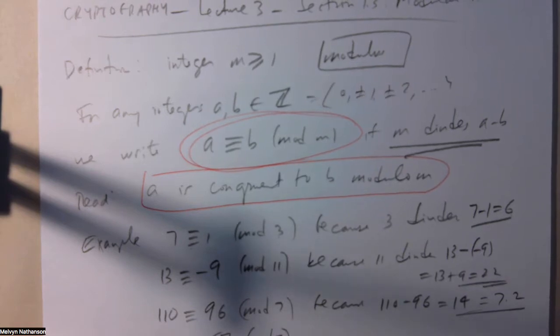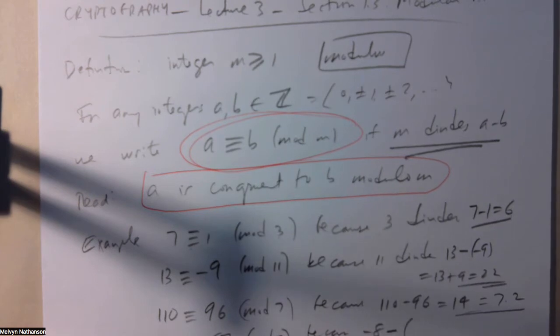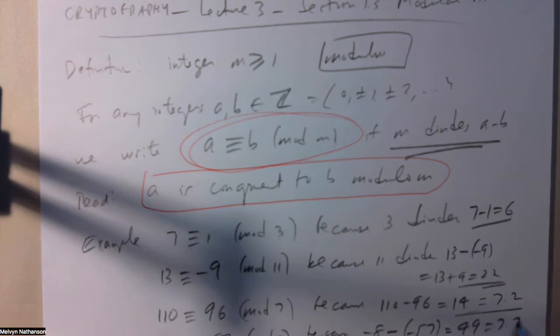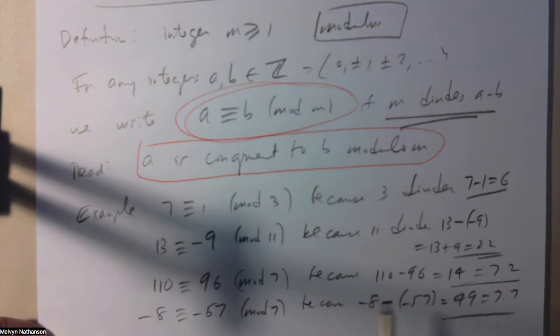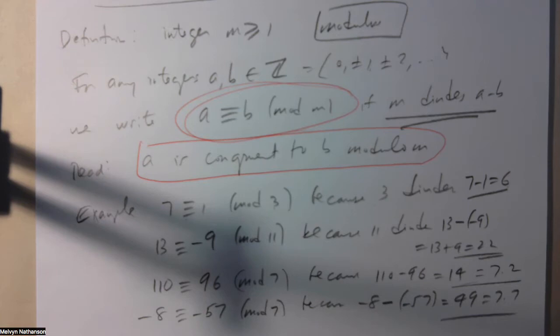Let's make it different numbers. Yeah, minus 8, because minus 8 minus minus 57 is 49, which is divisible by 7. 7 times 7. So this is the fundamental definition of congruence.